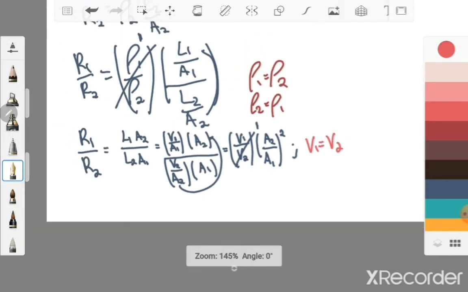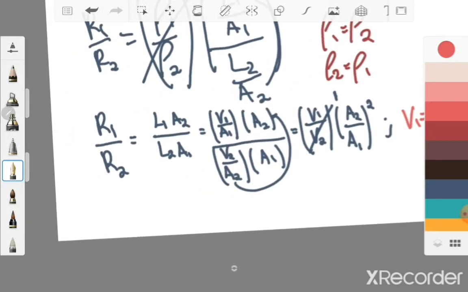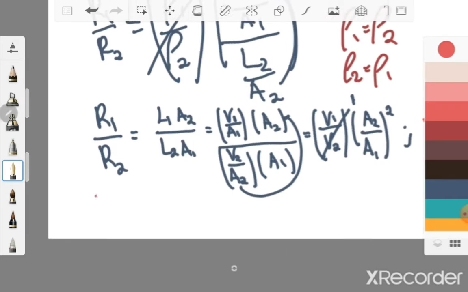So therefore my R1 over R2 is equal to A2 squared over A1 squared.